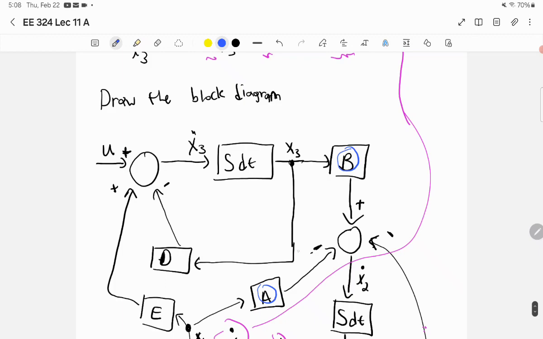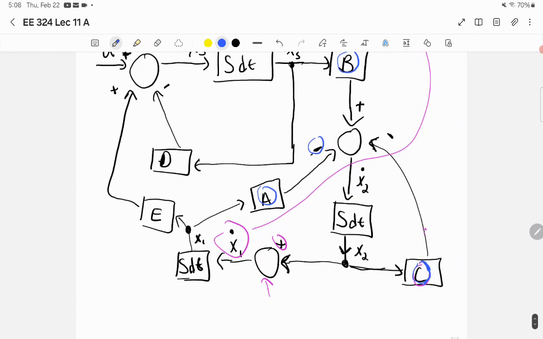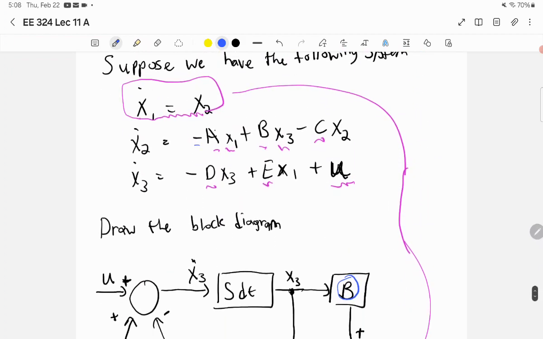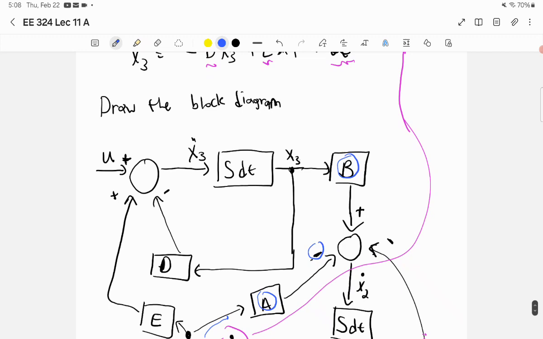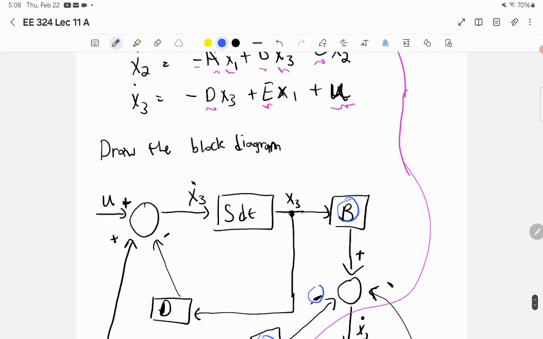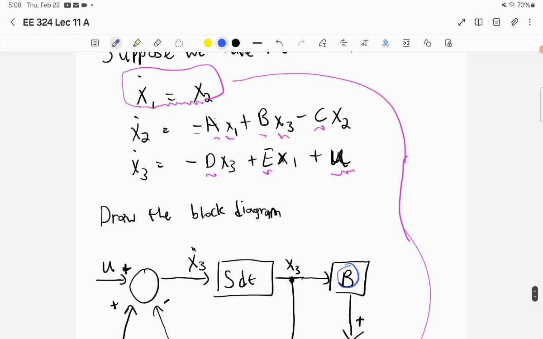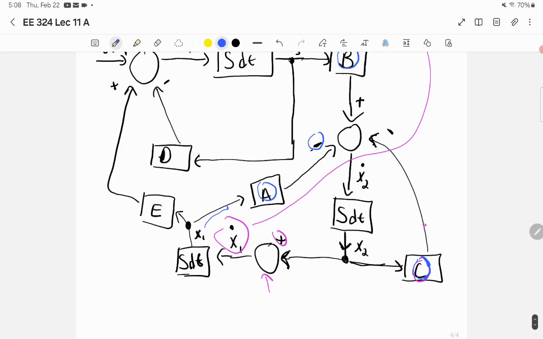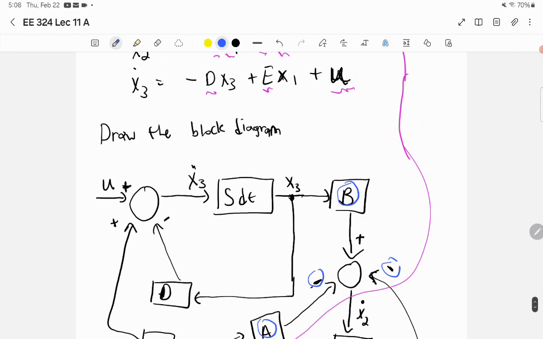So A has the minus sign here. And notice that it's coming from x1 down here. So I'm golden there. Similarly for B, B should be coming from x3, which it is. And it's a plus, which it is in this diagram. And C is coming from x2, which is way down here, and it's minus, as we said.